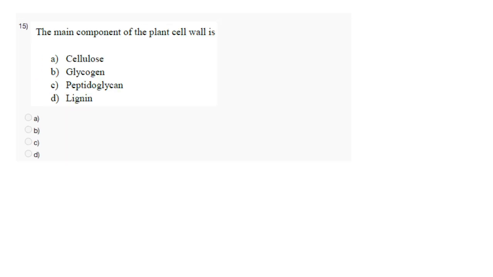The main component of the plant cell wall is cellulose, glycogen, peptidoglycan, or lignin? It is cellulose. Plant cell wall mainly consists of cellulose.